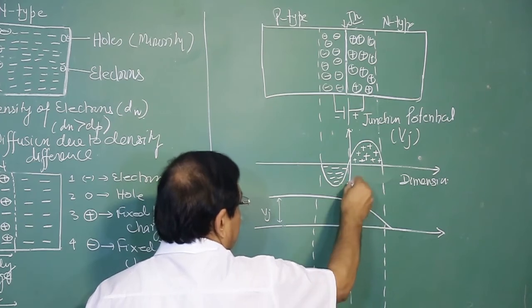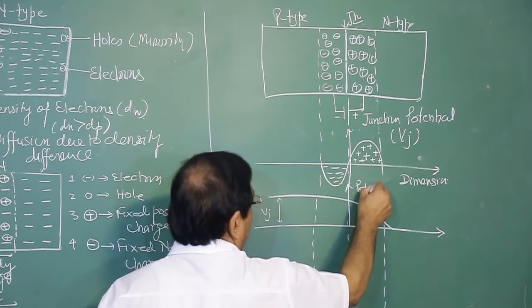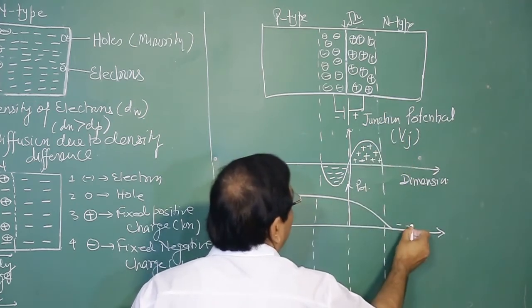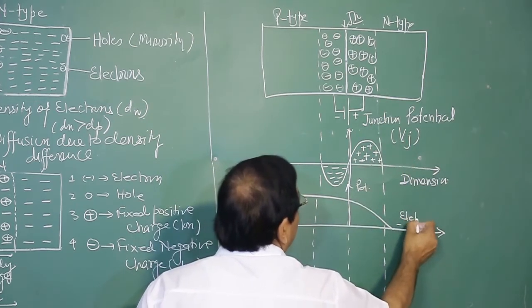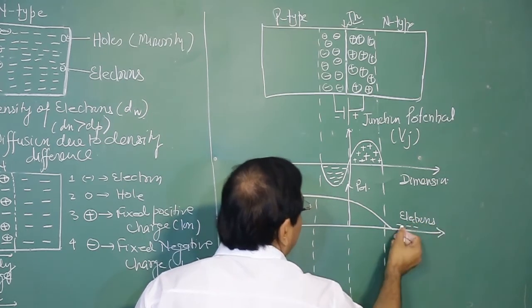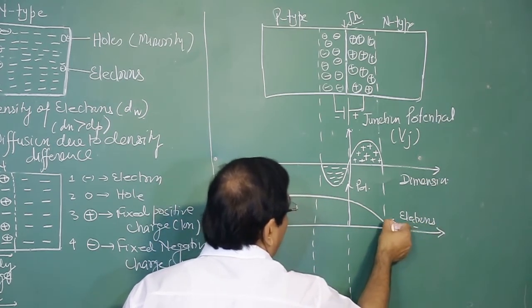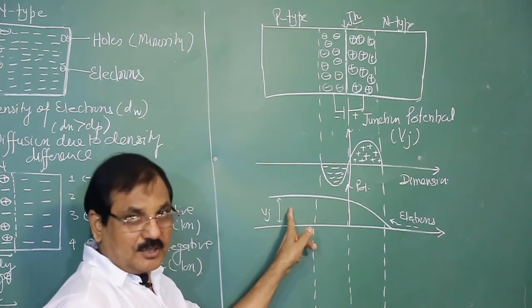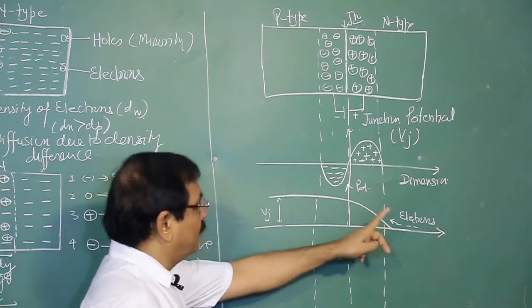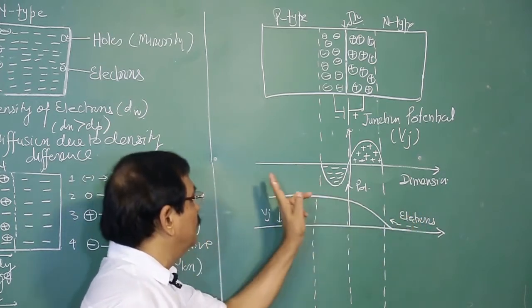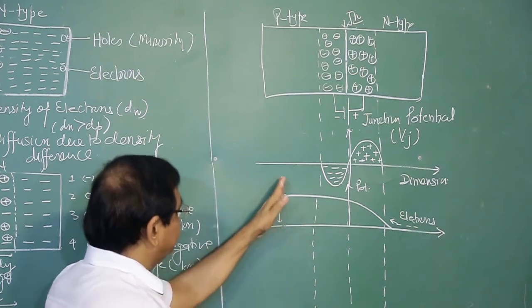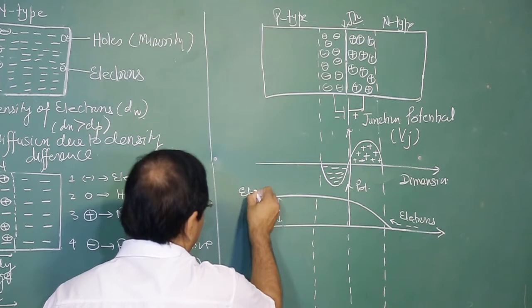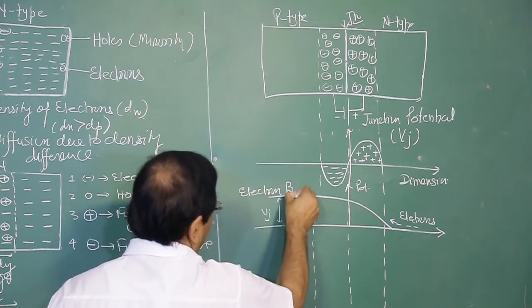If we say this is the potential, the electrons from N type try to move across the junction, but due to the potential it is not possible for the electrons to move from N type to P type. So, this is the electron barrier.